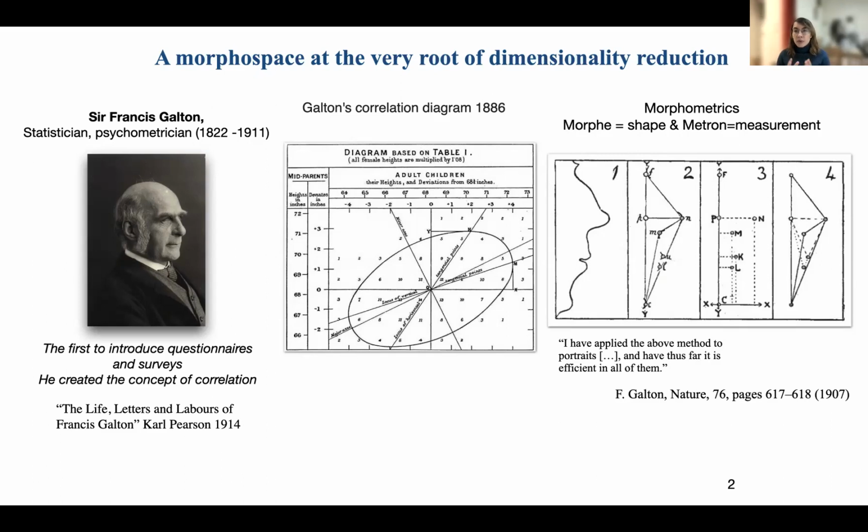So the first step is to acquire data, then to seek correlations in a mathematical space, so in a Cartesian diagram. And then what's the third step? The morphospace.